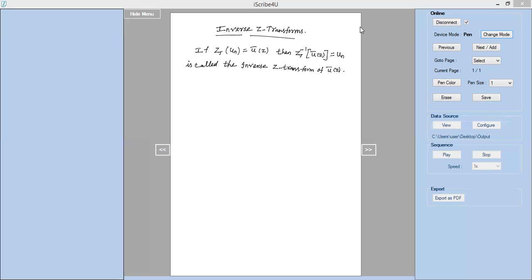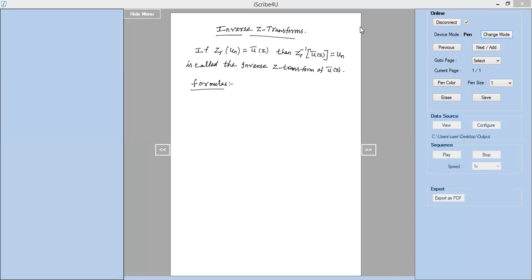Already I explained the formulas in the Z transform. Whatever we wrote on the right-hand side, we will write on the left-hand side and put Z inverse. The formulas we already discussed, I'm writing here.